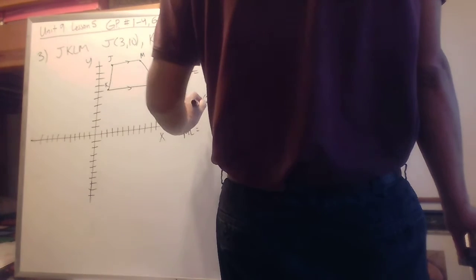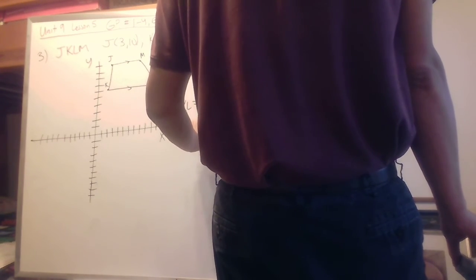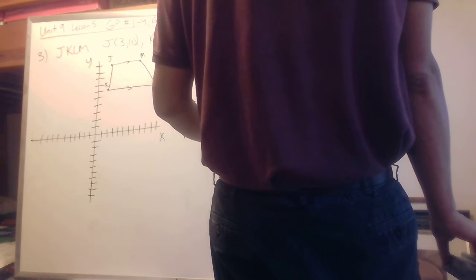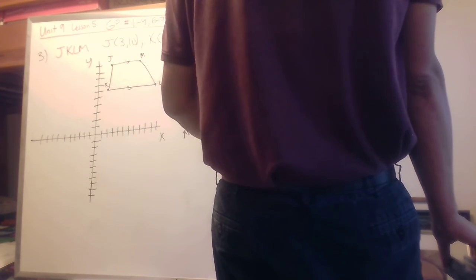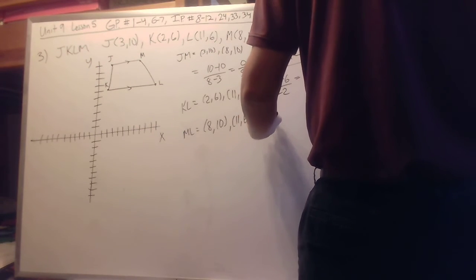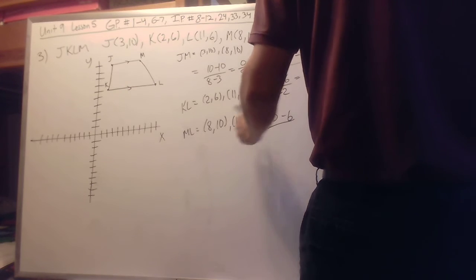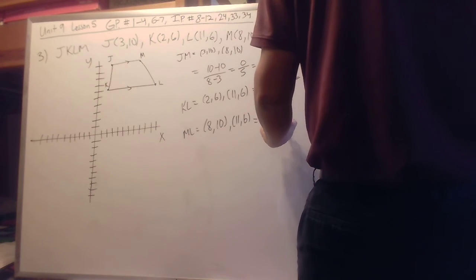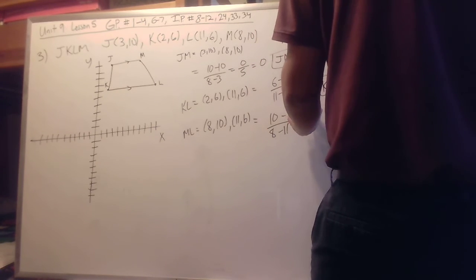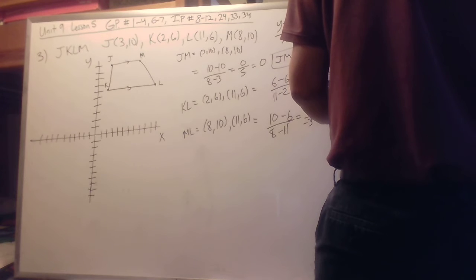So M's coordinate is at (8, 10), and L is at (11, 6). So we're just going to plug it in. We're going to go 10 minus 6 over 8 minus 11. So that's going to be 4 over negative 3. So ML's slope is 4 over negative 3.